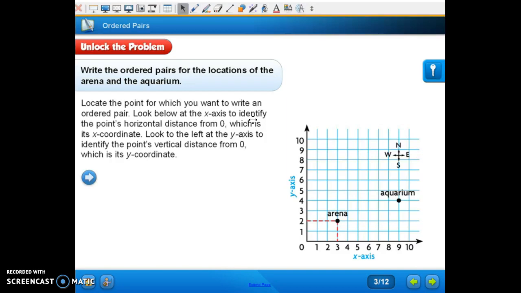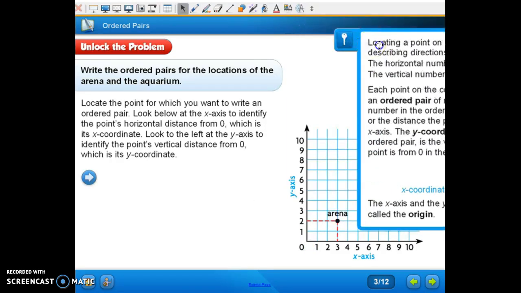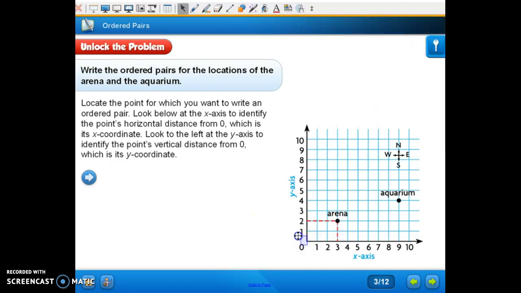So if you look on your paper, it says x-coordinate, and it shows you that it goes to the first number, and the y-coordinate. The x-axis and the y-axis intersect at point 0, 0. So that's right here, where the two axes come together.